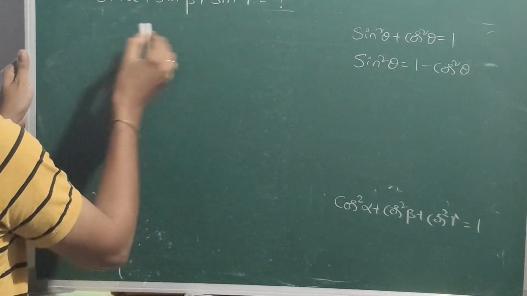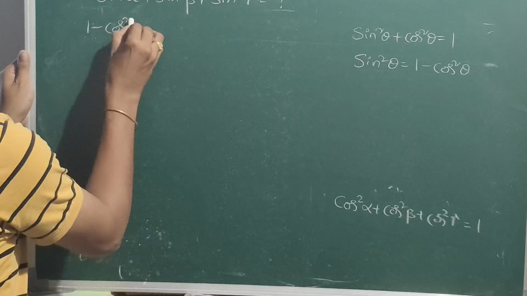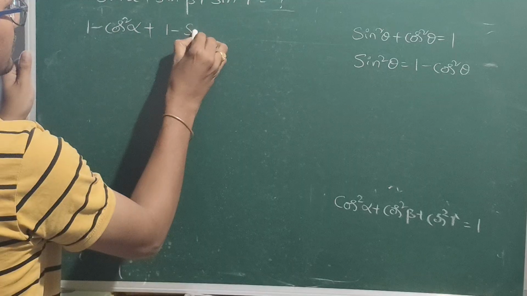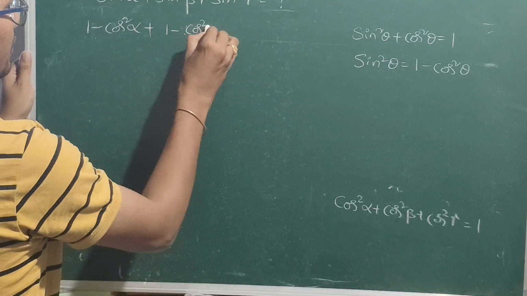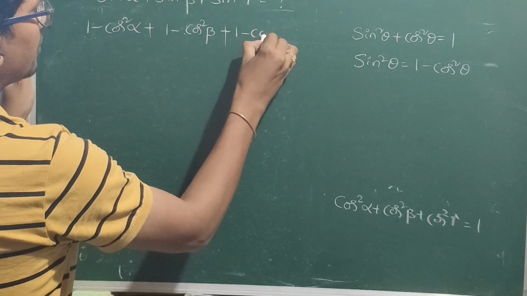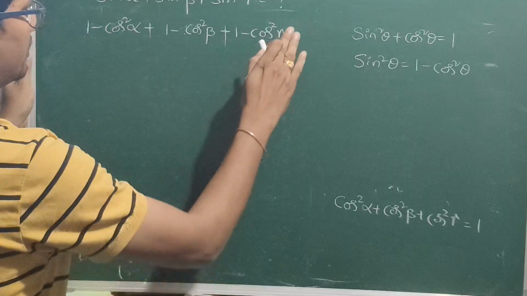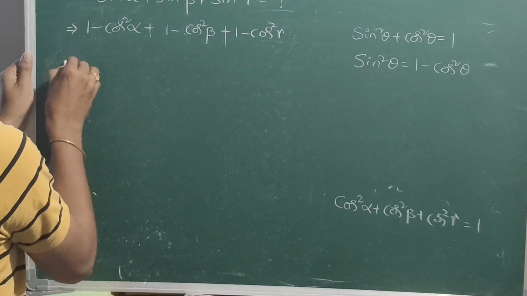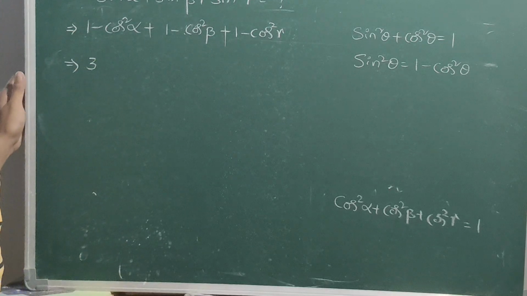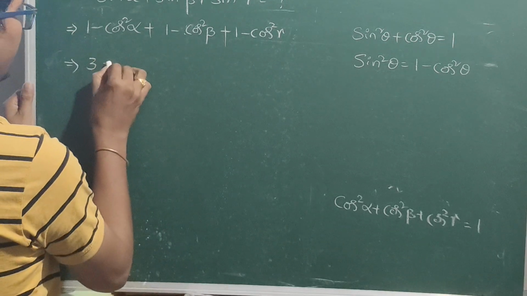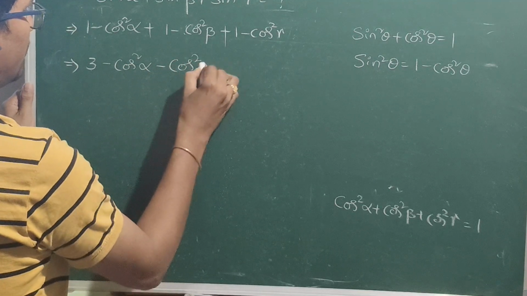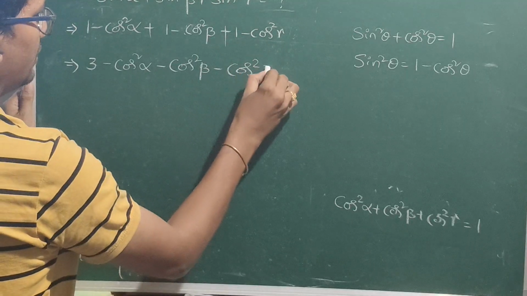So sine square alpha is 1 minus cos square alpha, plus sine square beta is 1 minus cos square beta, plus 1 minus cos square gamma. Adding 1 plus 1 plus 1 gives 3, minus cos square alpha minus cos square beta minus cos square gamma.